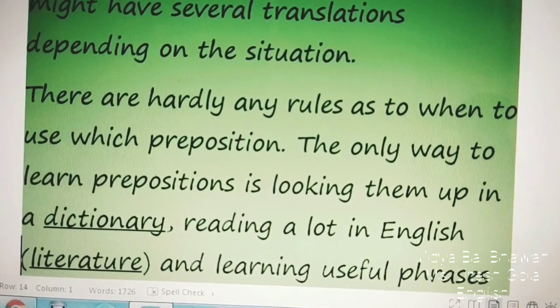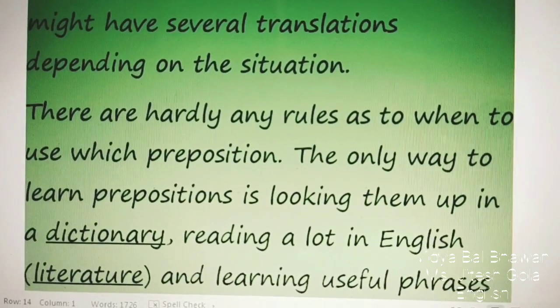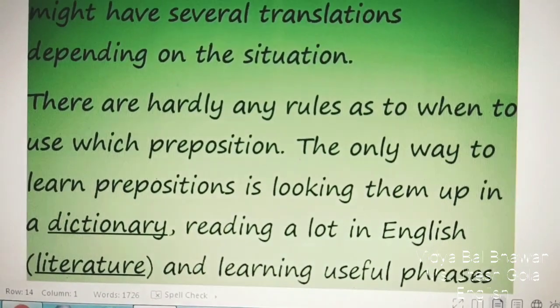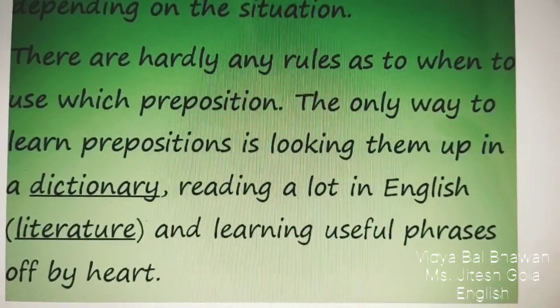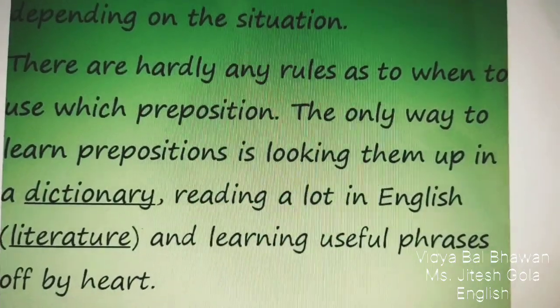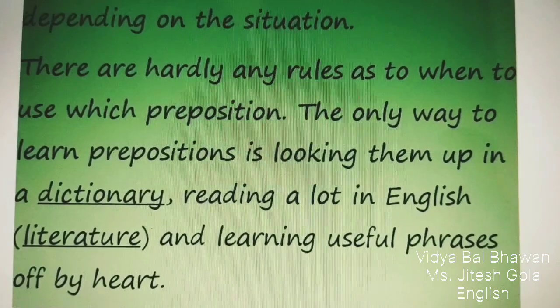You have to read a lot in English. The literature means go through your textbook, as we are already asking you, and also learn useful phrases by heart. In this manner you can improve your different skills.